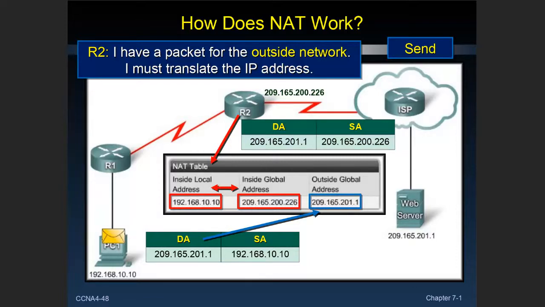So NAT works in this fashion. You're going to send a packet from your PC, and you're going to have a source address of 192.168.something, not allowed to exist on the global internet. So that's going to go through to a border gateway router, maybe for a small business that has a couple of routers.